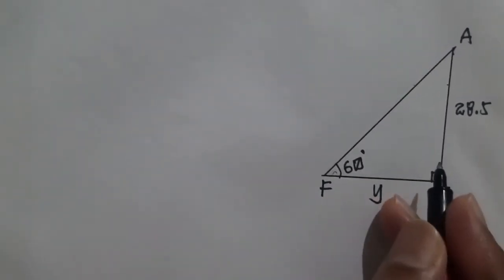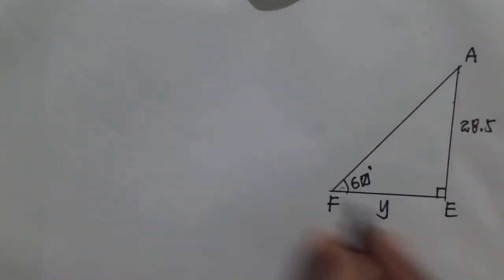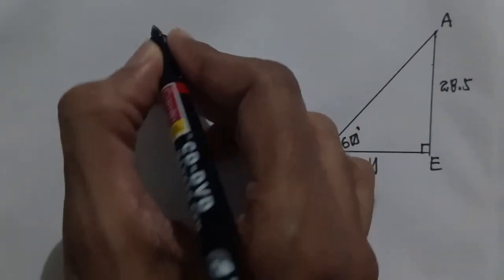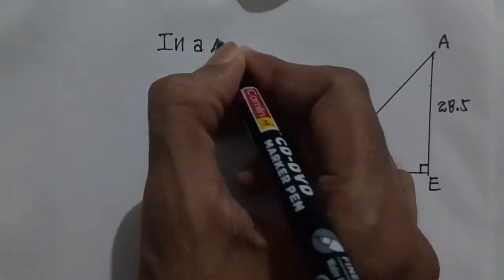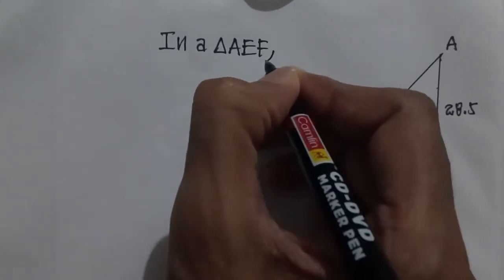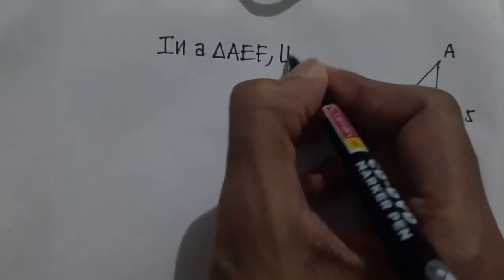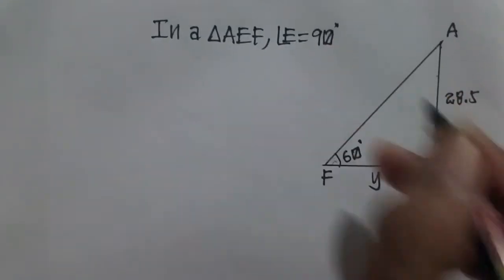See, look at this figure. In triangle AEF, angle E is equal to 90 degrees.